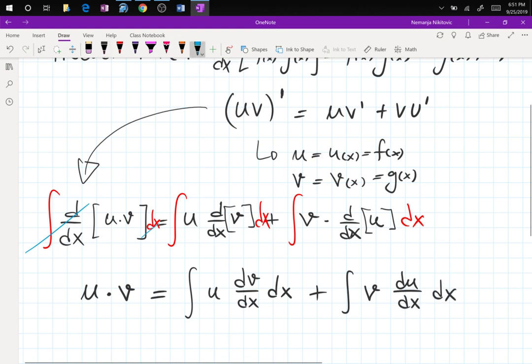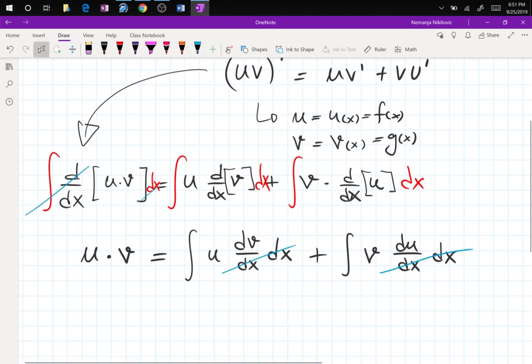Okay, now you can see what cancels. Integrals don't cancel. Only dx's cancel. On the left-hand side, everything canceled because it was the integral of the derivative. But on the right-hand side, only dx's cancel, and you still have dv's and du's floating about.